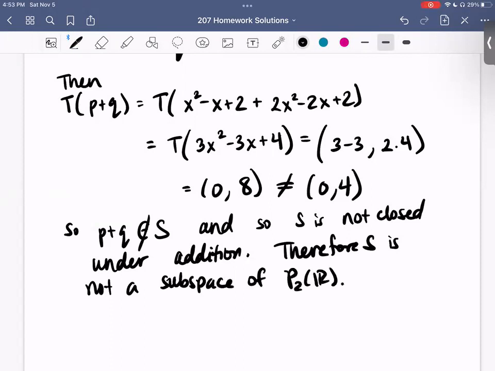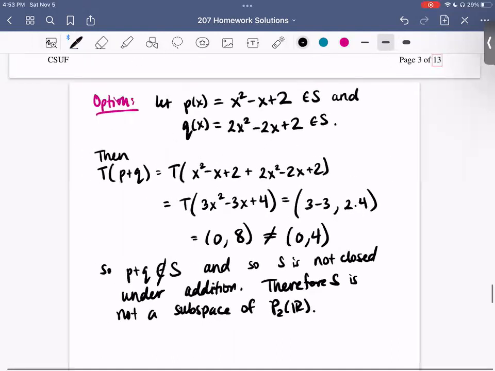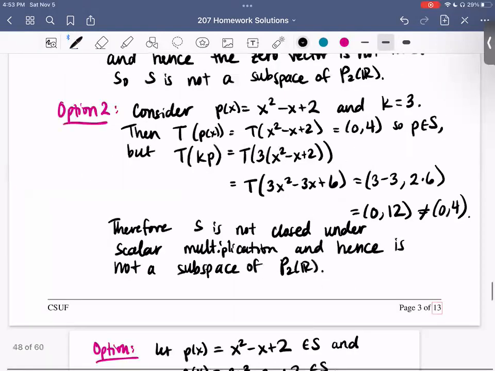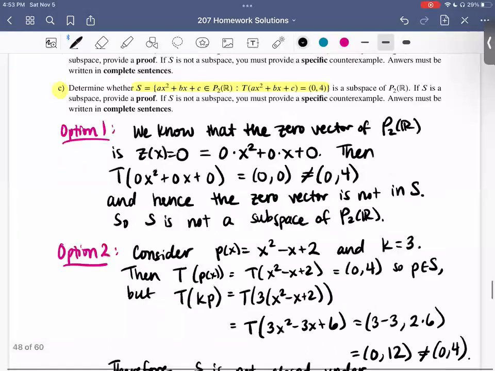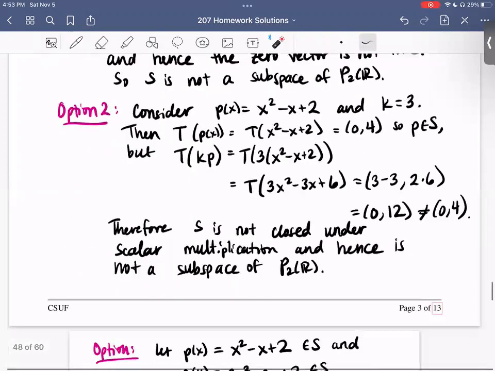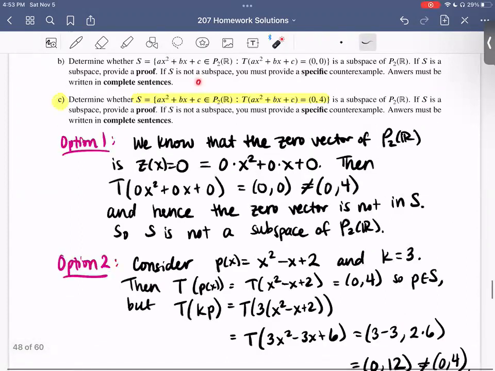Okay. So any one of these 3 options is fine: showing that it's not closed under addition, showing that it's not closed under scalar multiplication, or that it doesn't have the zero vector are all valid for this part of the problem. But I want to stress again, if you're going to do a counterexample, you have to start with something that's actually in the set. If I had just said, oh, let's think about 2x squared minus 5x plus 7, that's not even in S, right?